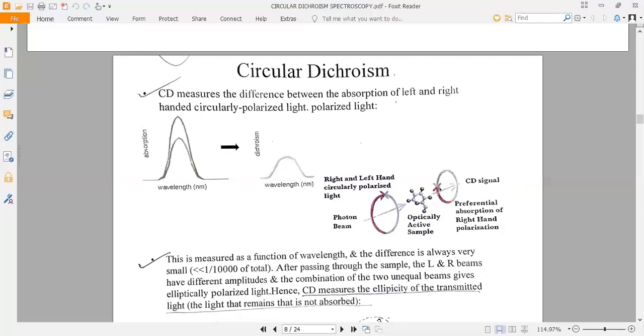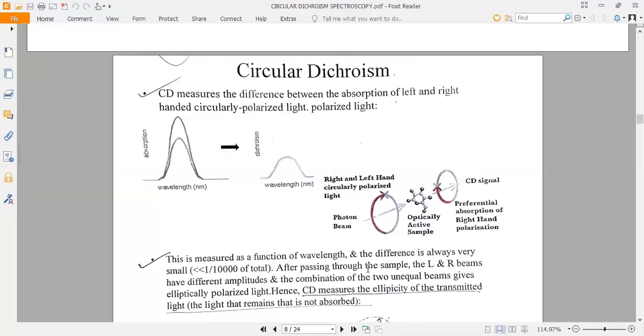Here it is shown that it preferentially absorbs right-hand polarization so that in this direction, left-hand circularly polarized light has higher magnitude as compared to right-handed polarized light. This is measured as a function of wavelength and the difference is always very small.